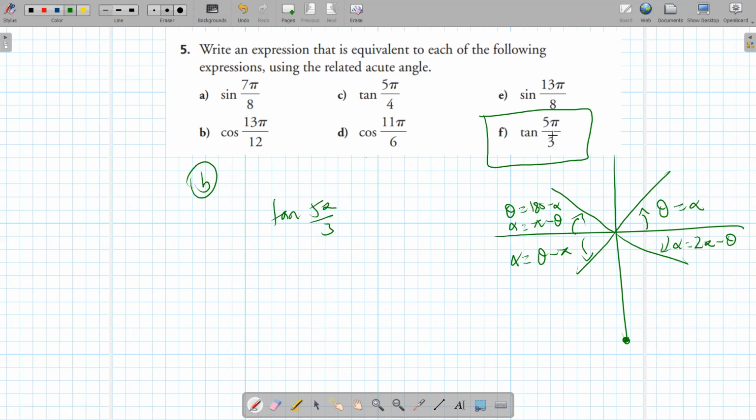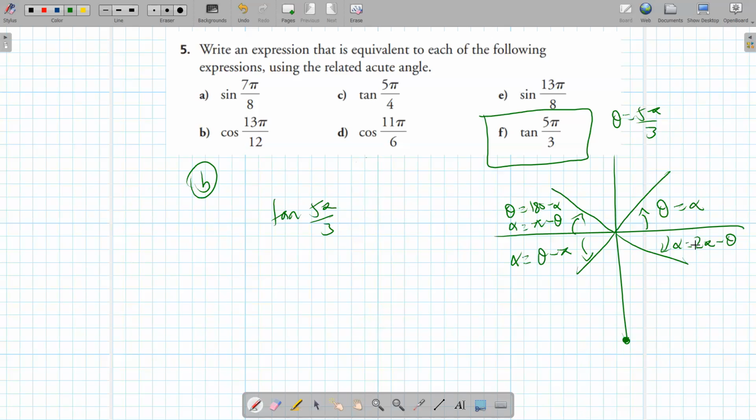I'll show you here. Tan of 5 pi/3. Our theta is in quadrant 4, and that's our principal angle, right? What's going to be the related acute angle? Pi/3. Correct. How did you find that? I just looked at how I did it before.